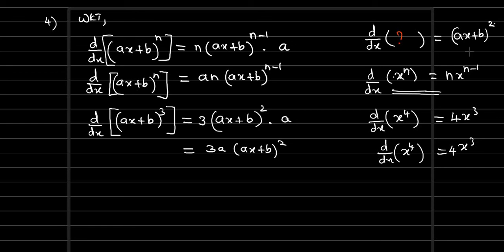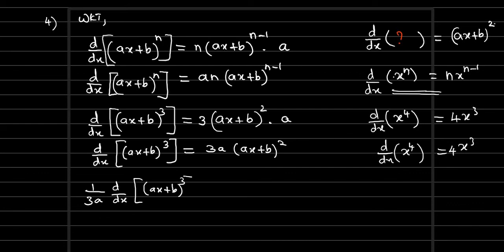They are not asking that. So we have to send 3a to the other side. Now sending 3 times a to the other side, it goes to the denominator. 1 by 3a d by dx of ax plus b whole cube equals ax plus b whole square.